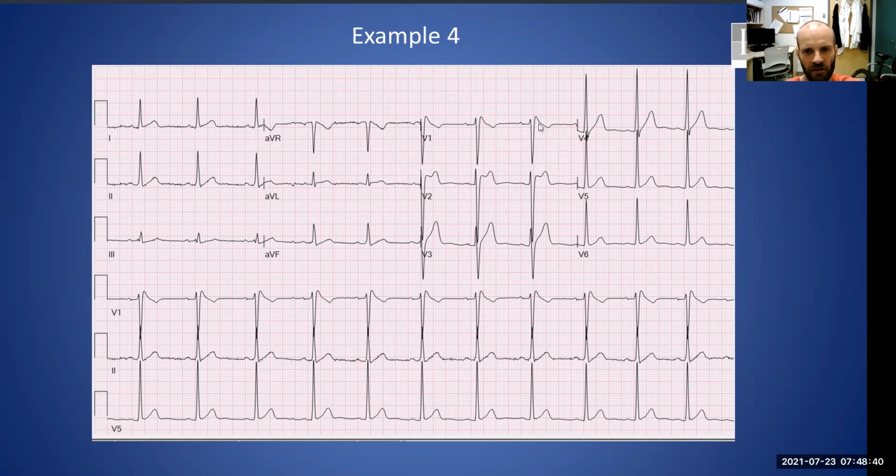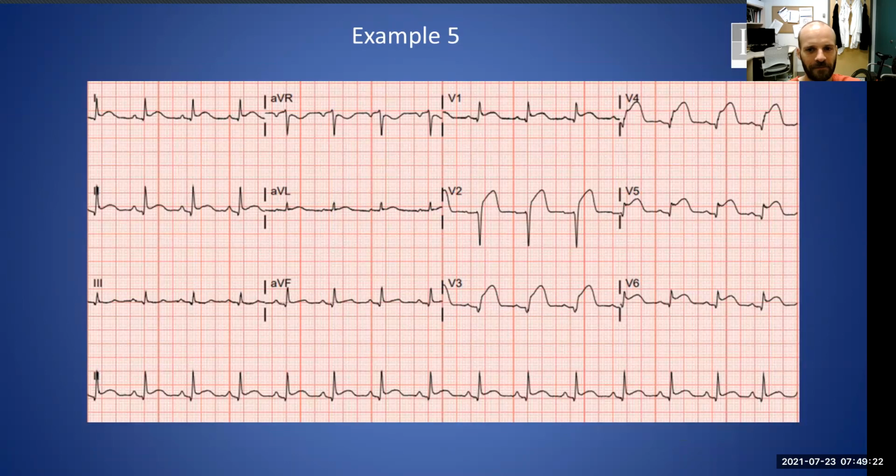The J point is probably around here, and that isn't 2 millimeters up. So I agree it is downsloping, but this wouldn't fulfill the criteria for a type 1 pattern. However, in V2 we are elevated, and we have this saddleback, this scooped pattern here. So this is a type 2 pattern, but that's a good shout out. It's important that you need to have enough of it. You need at least 2 millimeters for it to count as a type 1 pattern.